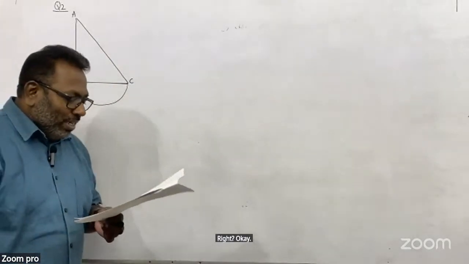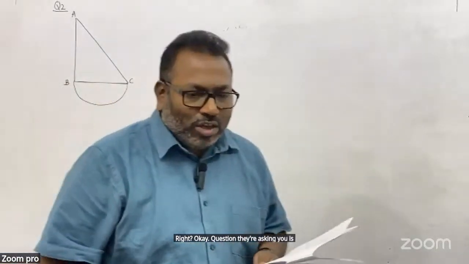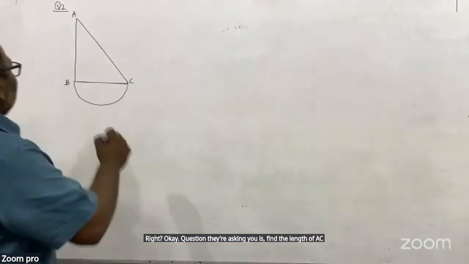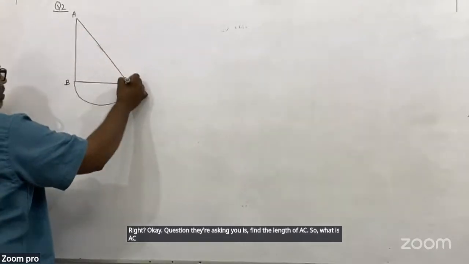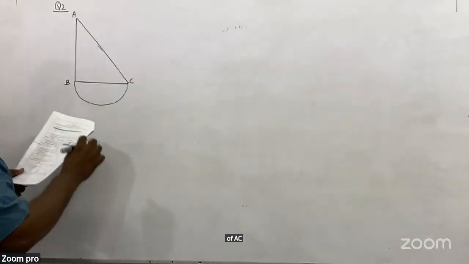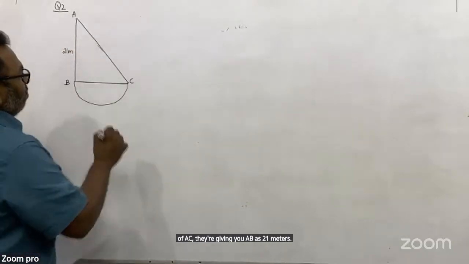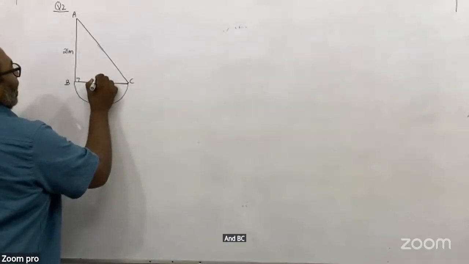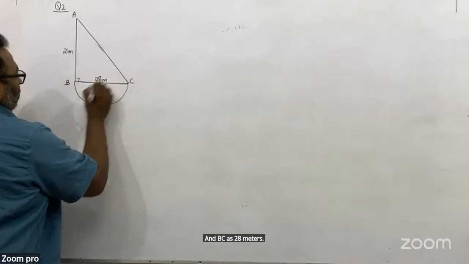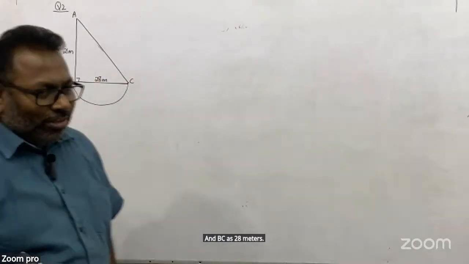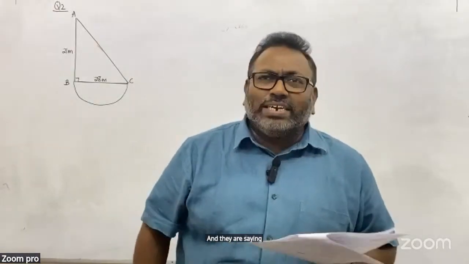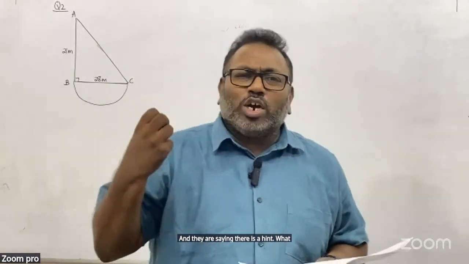The question they're asking you is to find the length of AC. So what is AC? This length of AC. They're giving you AB as 21 meters and BC as 28 meters. And there is a hint. They're giving you a clue.